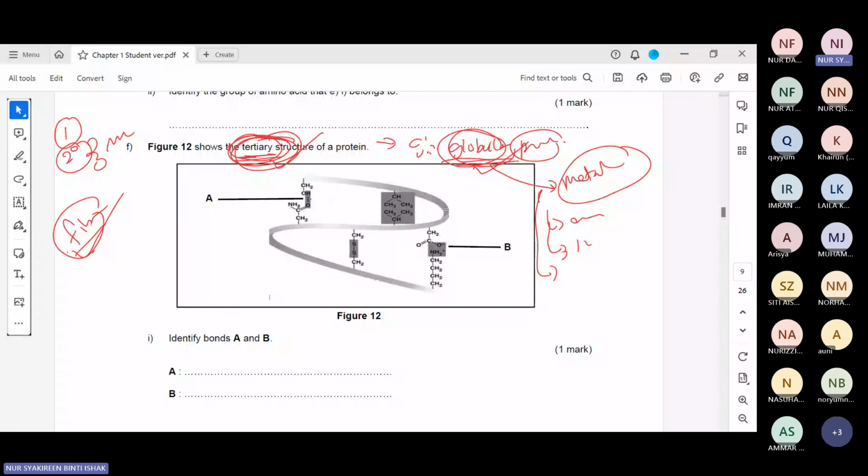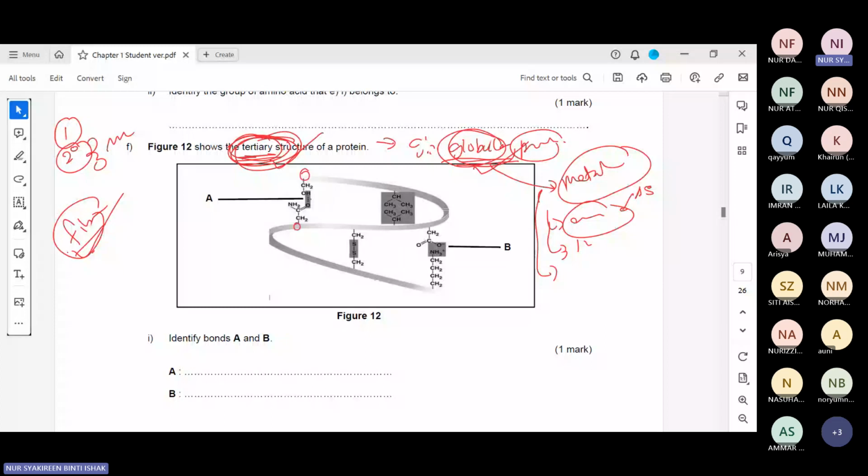The active site exists because the protein folds into a specific shape, giving a structure with an active site for the substrate to bind. So the tertiary structure is due to what? The interaction between side chains of amino acids along a polypeptide chain.